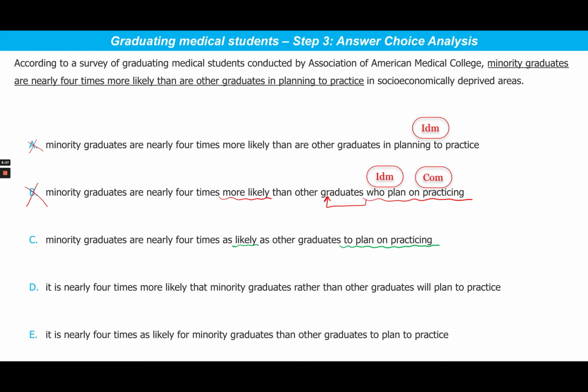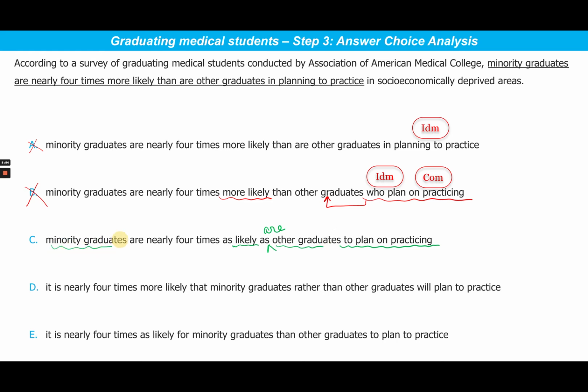Another thing that students point out with choice C is the missing are before other graduates. Doesn't this omission lead to an error? No, it does not, because even without this verb in the second part of the comparison, the intended comparison is absolutely clear. Here, other graduates can only be compared to minority graduates.